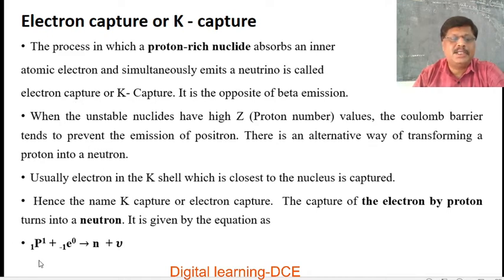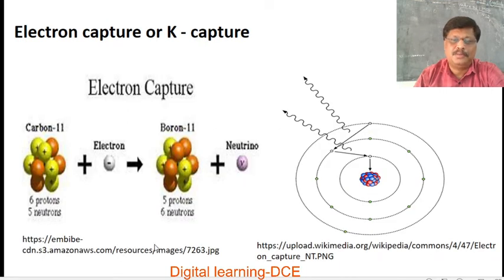It is represented by a proton capturing an electron present in the K shell, converting this proton into a neutron, with the emission of the neutrino.